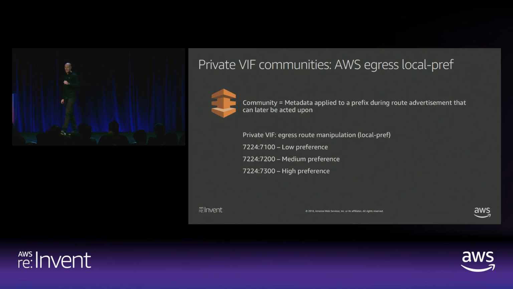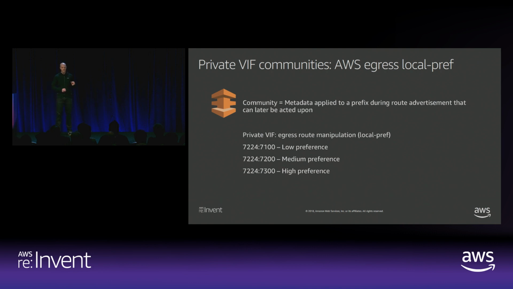On Direct Connect Gateway and any standard private VIF, so not public VIFs, when you're connecting to VPCs, the communities act a little differently. Instead of implementing route scoping, the communities are used to implement route preference.